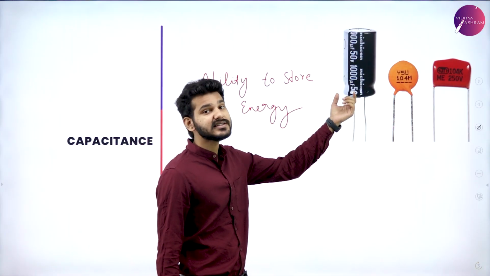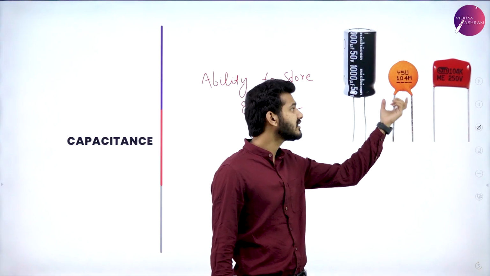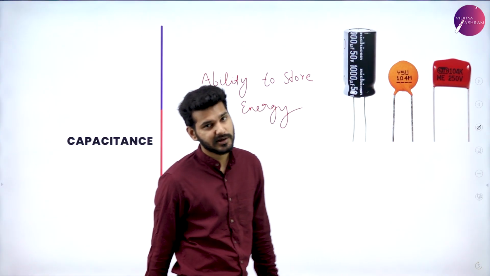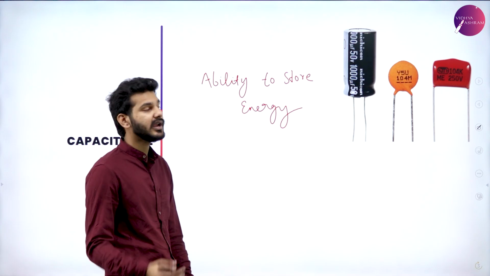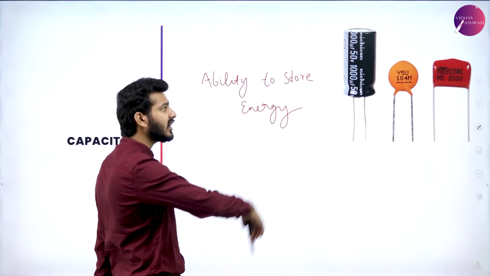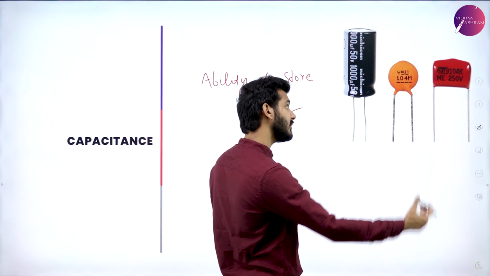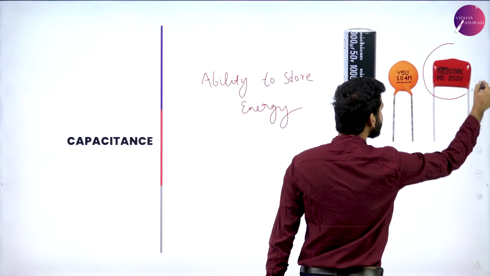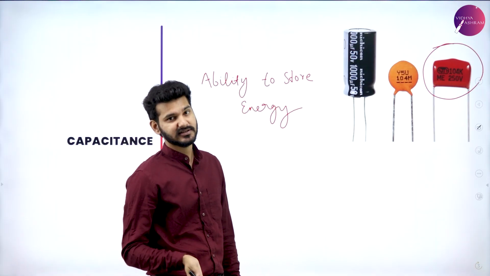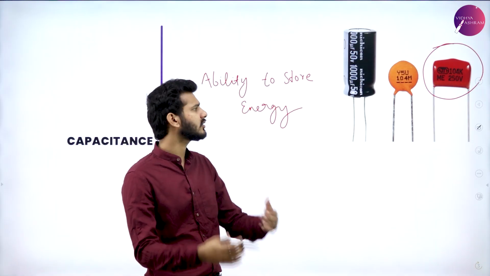They can be cylindrical in shape, they can be circular in shape, or they can even be rectangular in shape, depending on how they are made, because one is parallel plate capacitors, and the others are other examples of them. We will be focusing more on parallel plate capacitors. We will see that in a very short time.